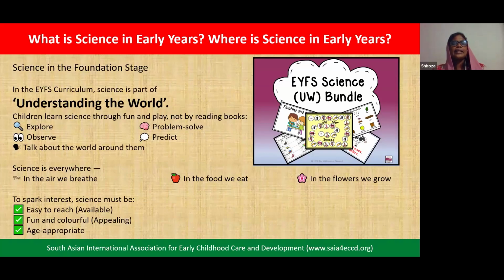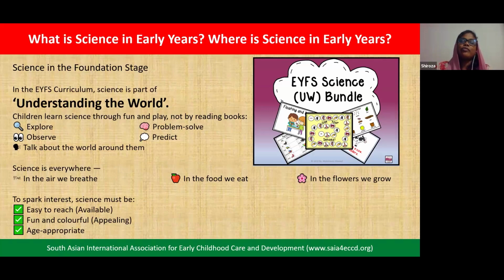Now we go to the next slide. What is science in early years? As I said previously, for children, science is not one of the subjects. That is their world, understanding the world. In the EYFS curriculum, science is a part of understanding the world.